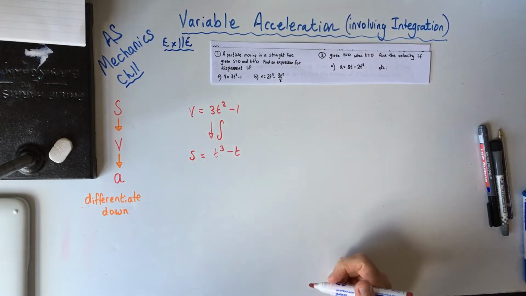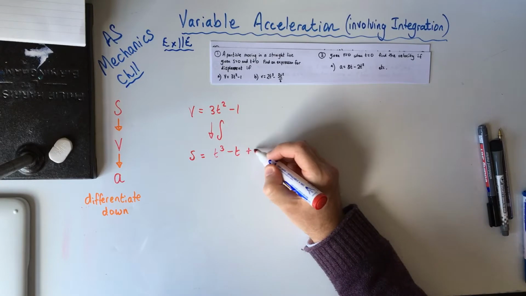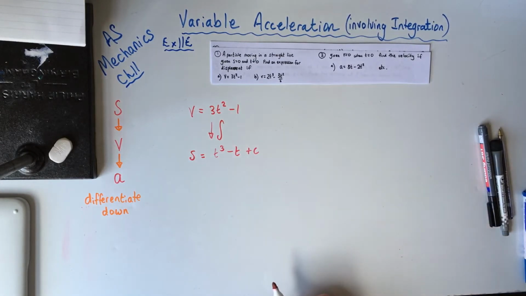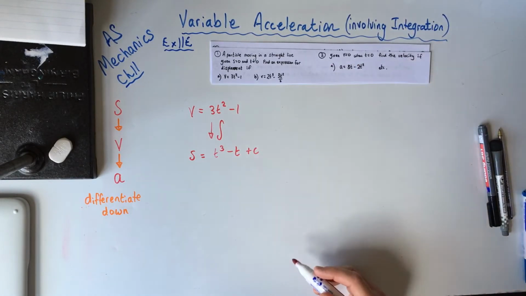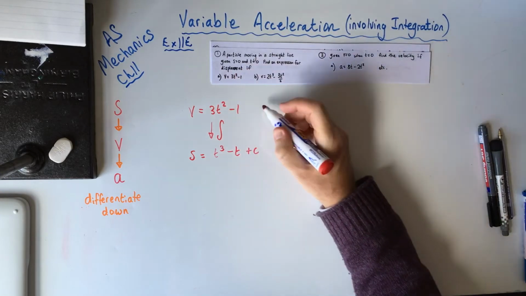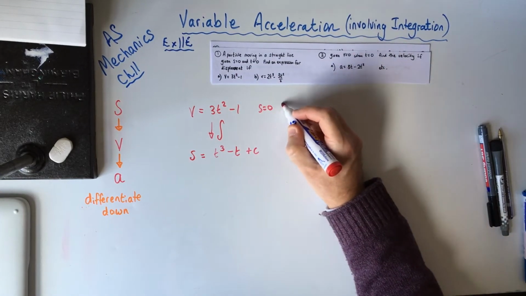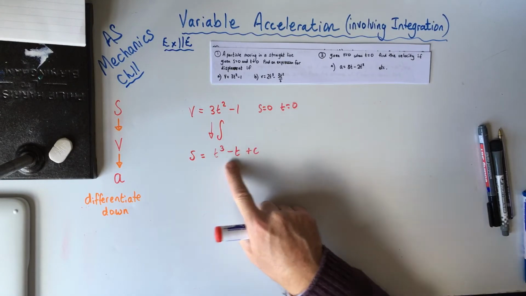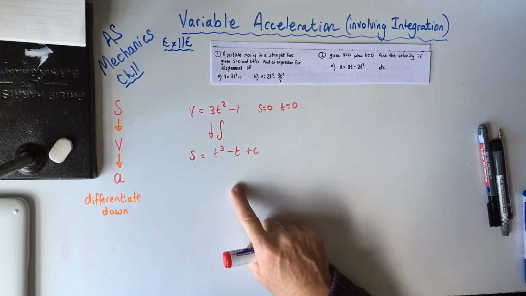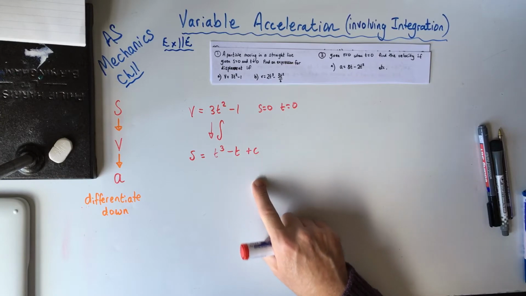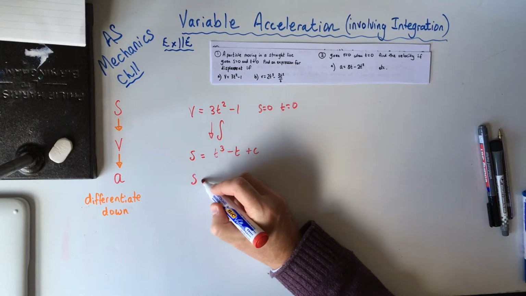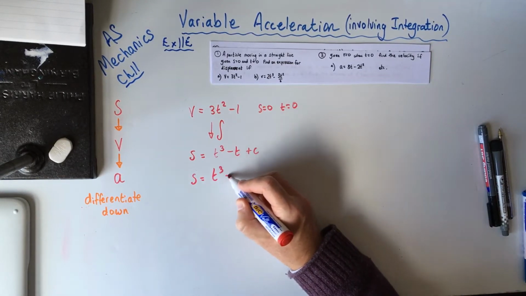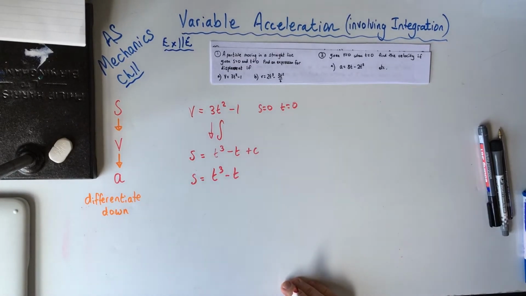We've got to put a plus c on the end there, and we've got to find that constant. But this one is saying that s equals 0 when t is equal to 0. So there's our coordinate. If we put s is 0 and t is 0, we can see that c is also 0. So the equation for the displacement is just t cubed minus t, in terms of time.